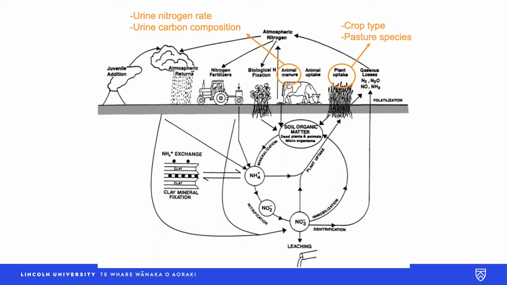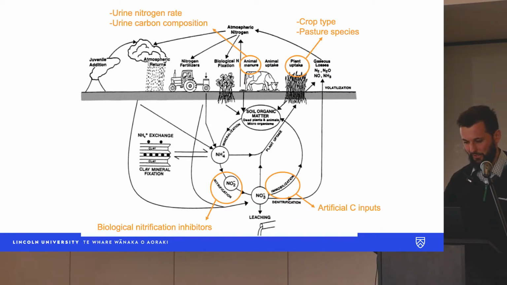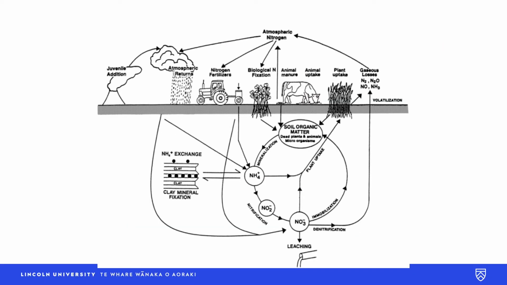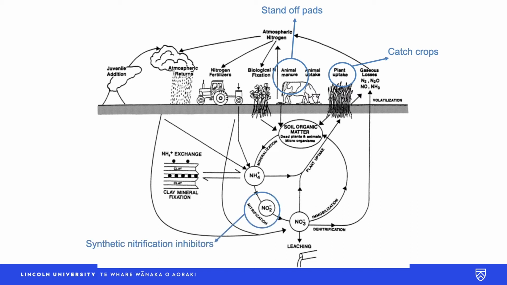We also looked at biological nitrification inhibitors, which target those ammonia oxidizing bacteria. And we also looked at applying artificial carbon inputs to cause immobilization and reduce nitrogen losses. There are also some other ways of reducing nitrogen losses that we didn't look at, but are quite interesting: standoff pads, catch crops, nitrification inhibitors, and efficient irrigation to reduce the drainage volume.